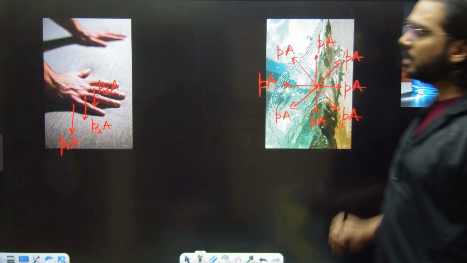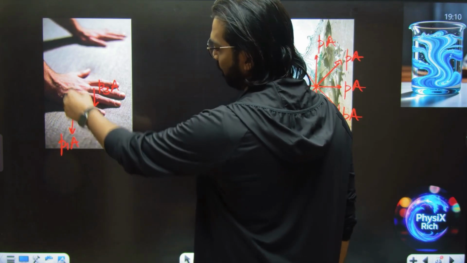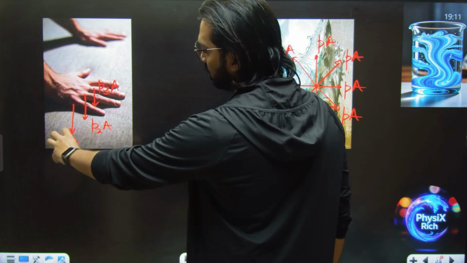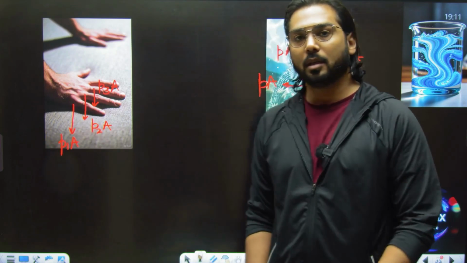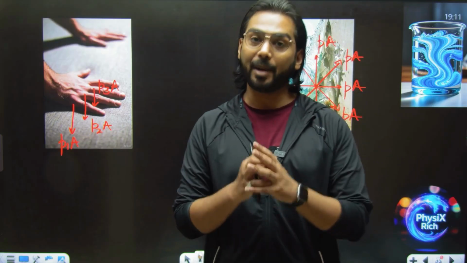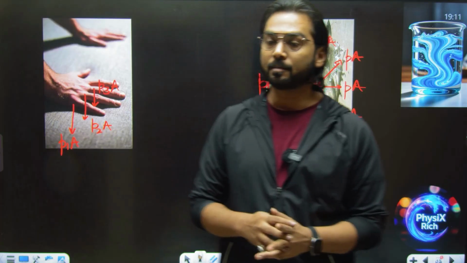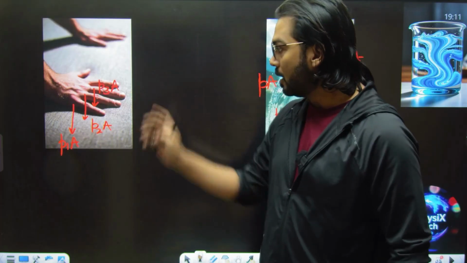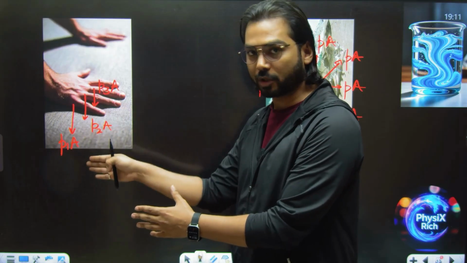So you can see over here that these arrows that are pointing downwards are basically representing forces. Pressure does not really have a direction. Pressure is a scalar quantity. It does not have a direction. But pressure acts in such a way that it causes a certain force to act.